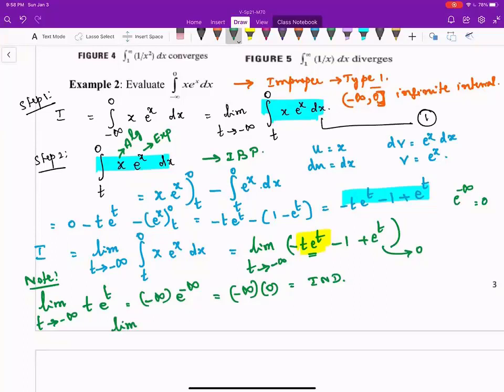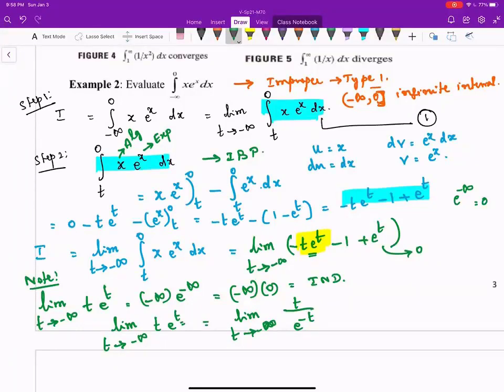The limit as t approaches negative infinity of t e to the t is equal to the limit as t approaches negative infinity. It is an indeterminate product, so we have to make it a quotient, that is t divided by e to the negative t. E to the positive t can be written as e to the negative t in the denominator.